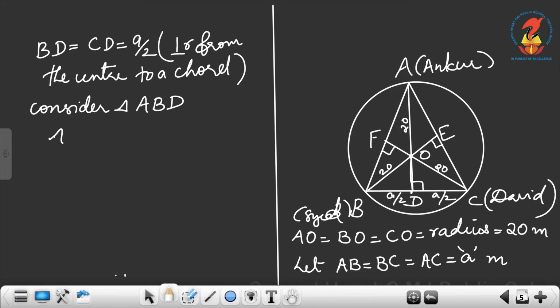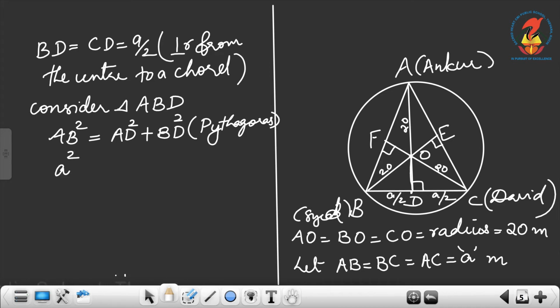So, AB square is equal to AD square plus BD square using Pythagoras theorem. So, what is the length AB? a square is equal to AD, we have to find, BD what? a by 2 whole square.